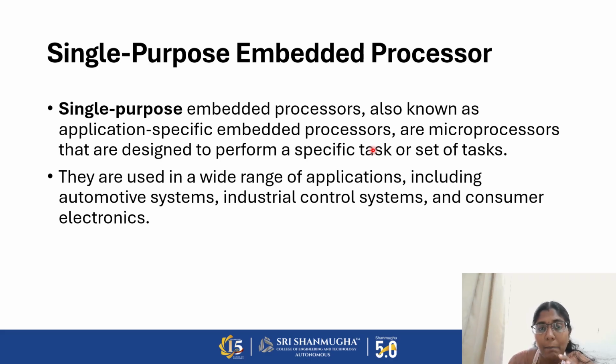For that single purpose you are using that machine, so you can use this single purpose embedded processor. In a wide range of applications you can use this type of processor, including automotive systems, industrial control systems, and consumer electronics.